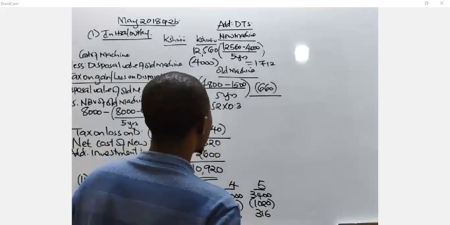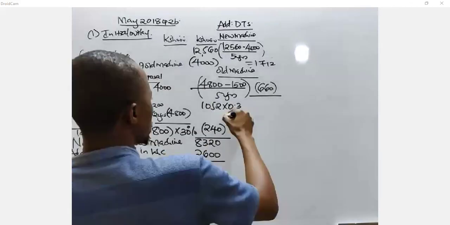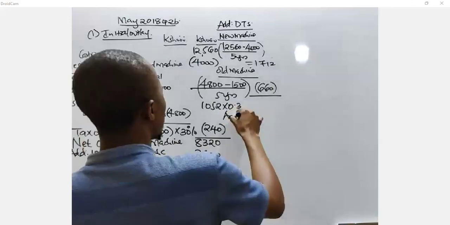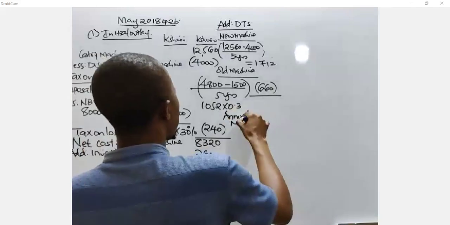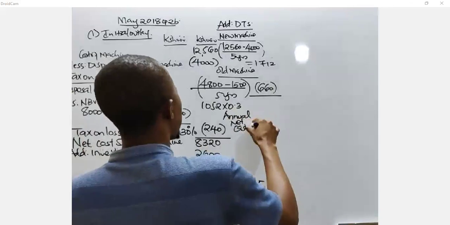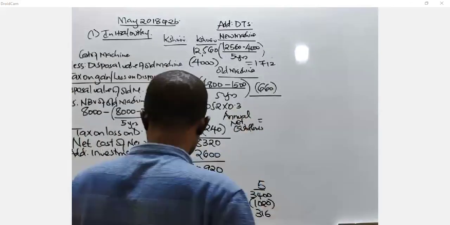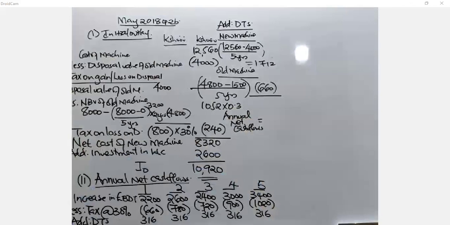So what is my annual net cash flow? 2,200 minus 660 plus 316, getting 1,856.